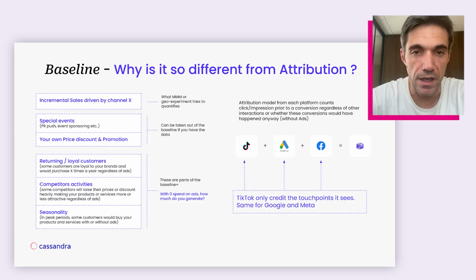So each platform, in this example, TikTok on its own, Google on its own, Facebook Meta on its own, will simply count touch points prior to a purchase and attribute the entire purchase to one or more of those touch points when they have visibility. This is the main reason why, when you're very familiar with the traditional models, you sometimes have difficulties understanding the baseline. Hopefully this clarifies a lot of things and helps you better understand your MMM model output.